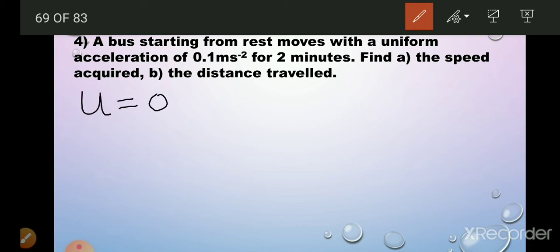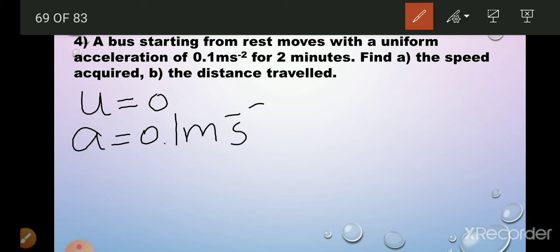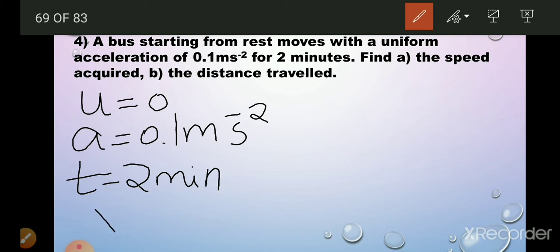And it moves with a uniform acceleration. A is given, that is 0.1 meter per second square. Time is given, 2 minutes. Find the speed acquired, that means you have to find speed v, and distance travelled s.